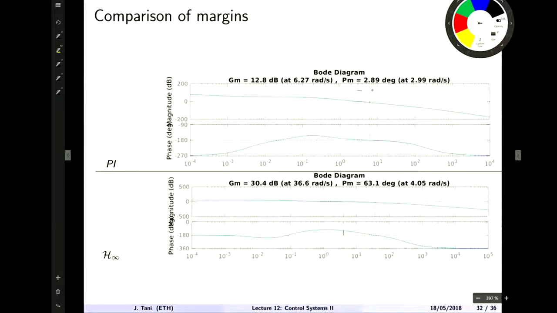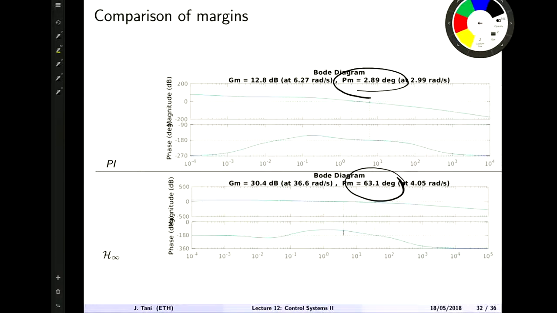So important here, we look at the Bode plots, and what we see is that in the PI case, we have a ridiculous phase margin of 2.89 degrees, whereas in the H-infinity case, we get to 63 degrees. So we have a fantastic phase margin. This is a very robust design.